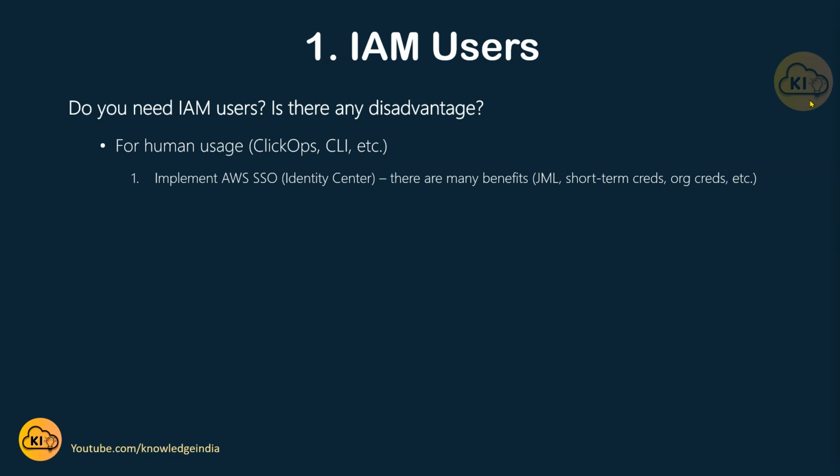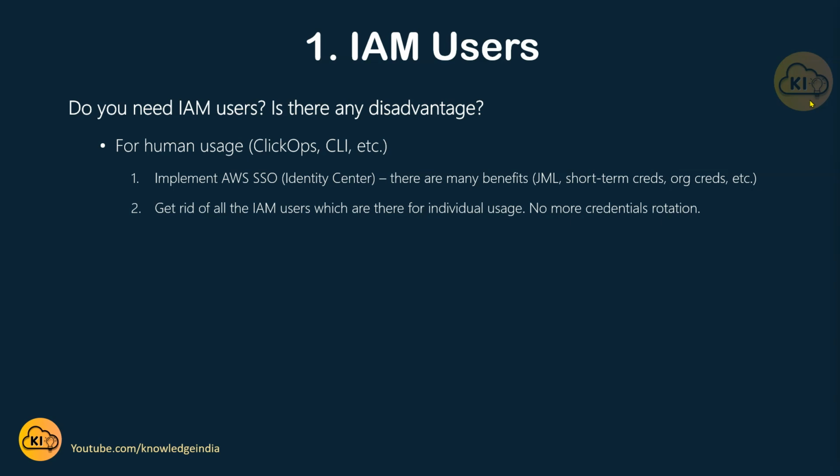Because of that, a person in your company would log in with their corporate credentials, and using that authentication, the person will get into AWS accounts. The person need not remember, and will not have, any other IAM username and password. So that way, all the IAM users which are there for human usage, all of that can be removed. That's point number 2.